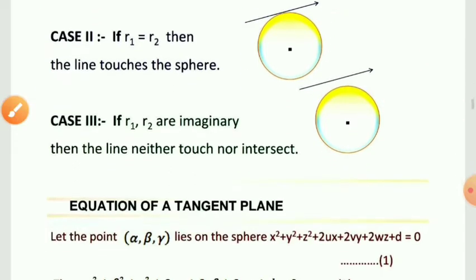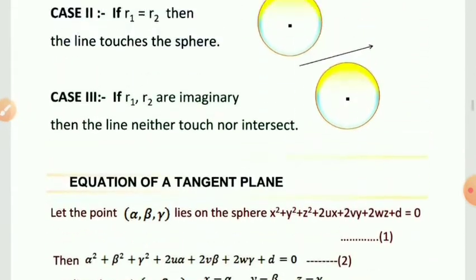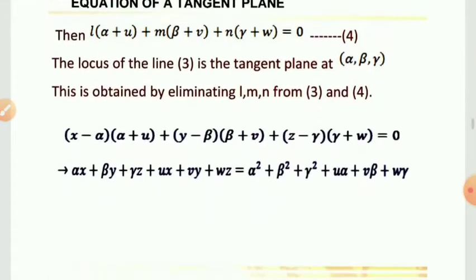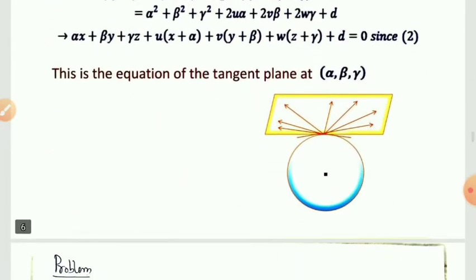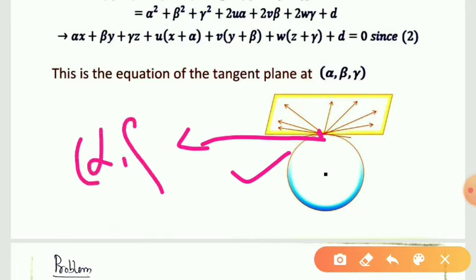Next, tangent plane. Take a particular point, let this point be alpha beta gamma. You can see here also.